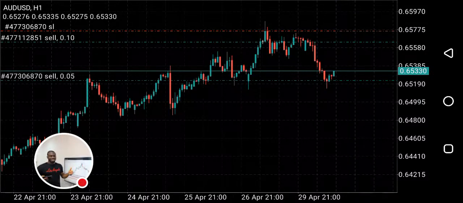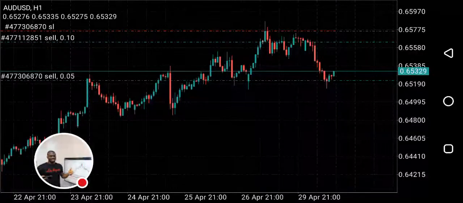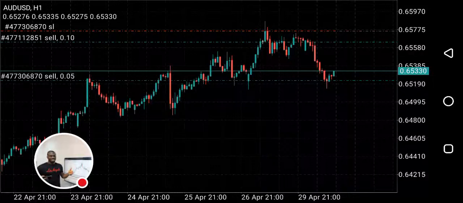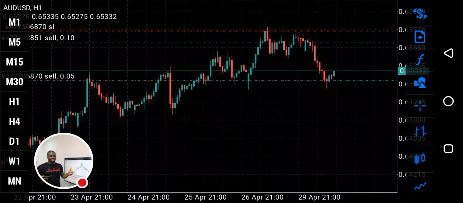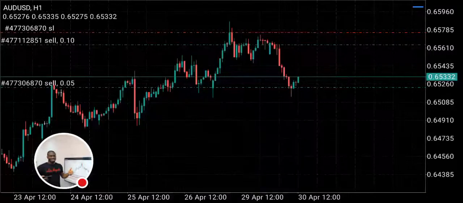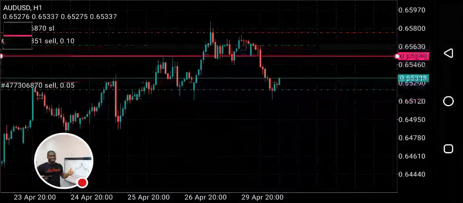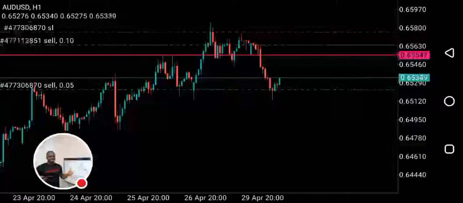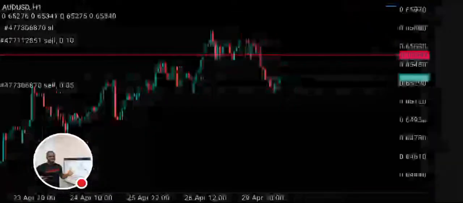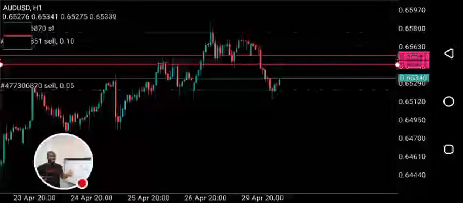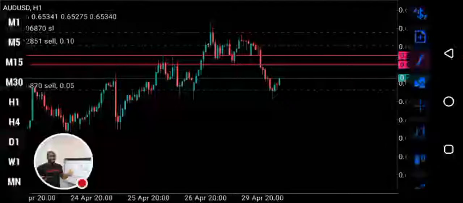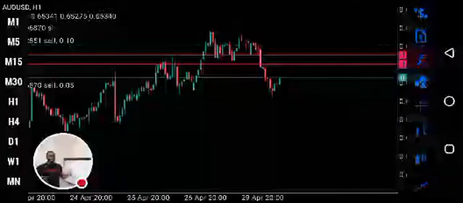But right now, I think we are experiencing a pullback on Australian dollar USD. As you can see, it's possible price will pull back to fill the fair value gap that was created here. Okay, it's likely price will pull back to fill this fair value gap.